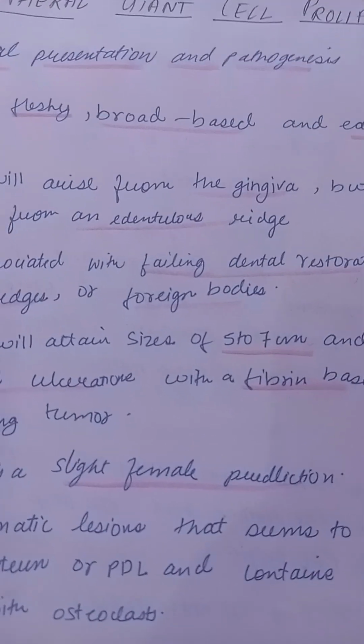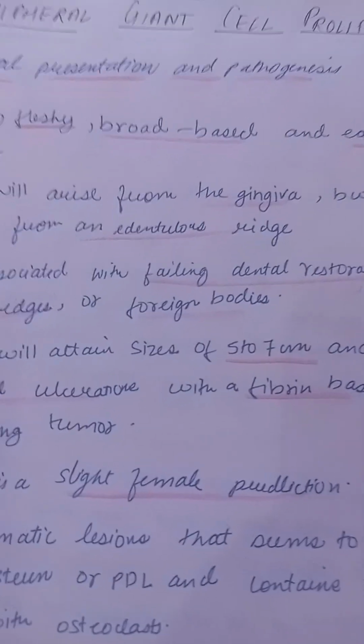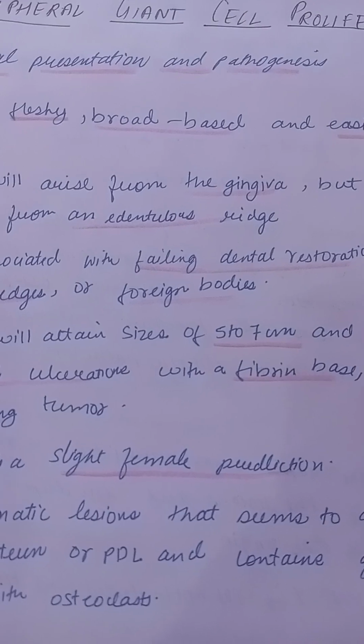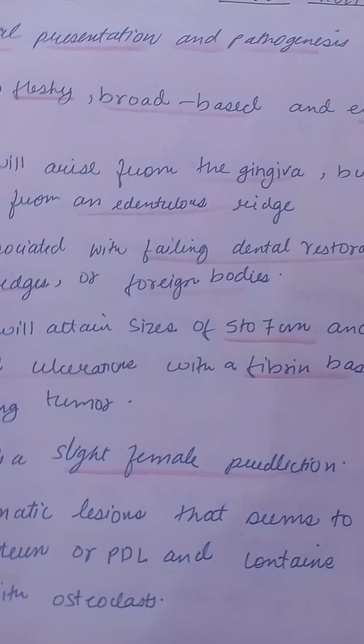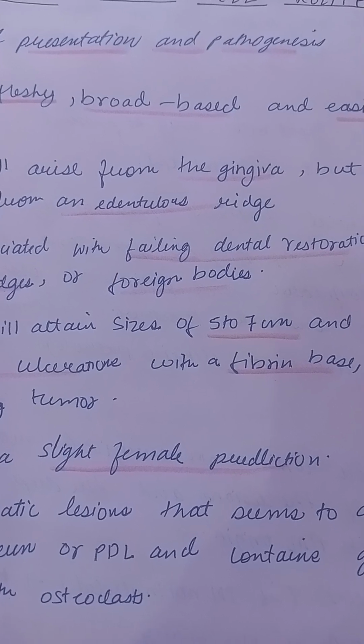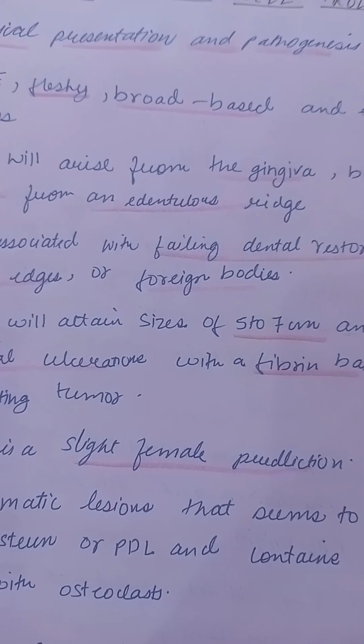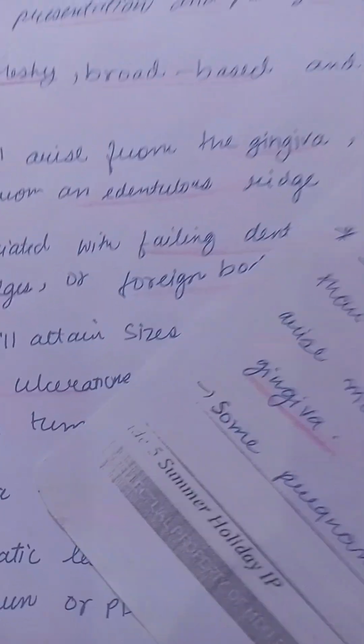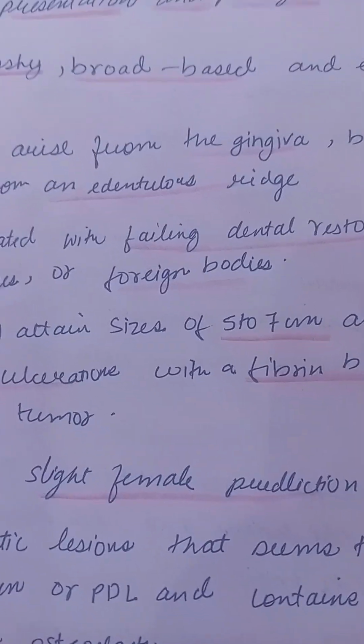These are two of the variants, or we can say these are two of the types of pyogenic granuloma. And we have seen that it has granulation tissue, endothelial cells and capillaries. That was all about pyogenic granuloma.